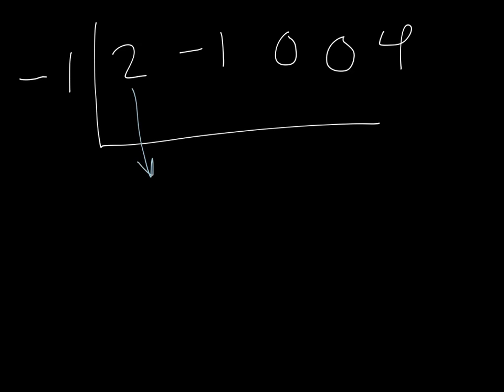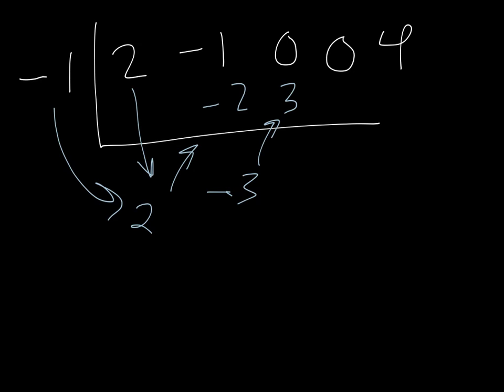Right, so we start by dropping down the 2. So negative 1 times 2 makes negative 2. We add down, negative 1 plus negative 2 gives us negative 3. So we repeat the process. Negative 1 times negative 3 gives me positive 3.